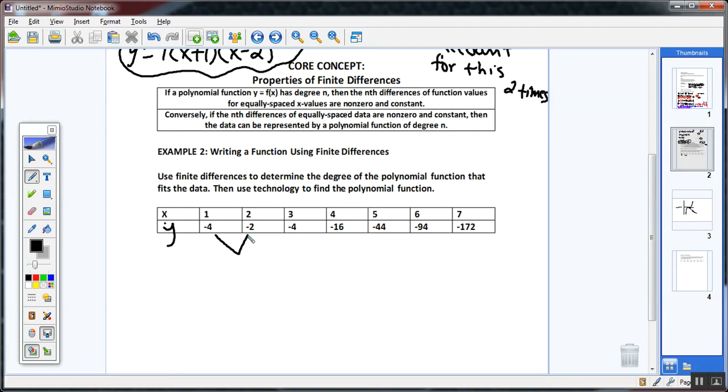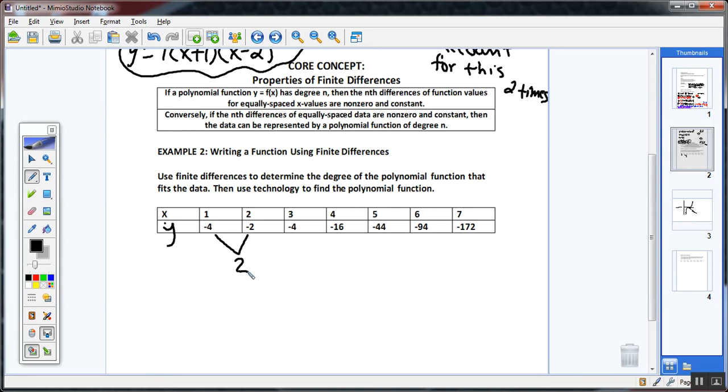We go -4 minus -2. Okay, what is -4 minus -2? Hang on a second, I'm doing this the wrong way. We got to go the other way. We should do -2 minus -4. In other words, to go from -4 to -2, you would move up by how much? There'd be a change in y of 2.